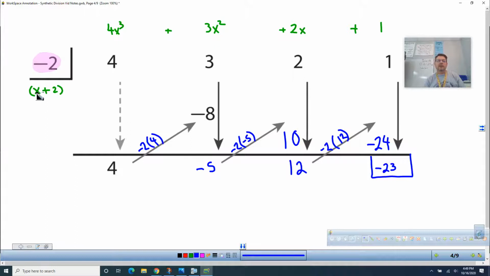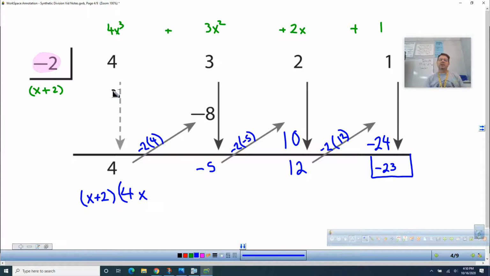So I would say that x plus 2 is not a factor because it doesn't come out even. I'd say that negative 2 is not a zero because it doesn't come out even. Okay, but how could I write this answer? Well, one way we could write that would be x plus 2 times 4x. Now, is that going to be 4x to the third?